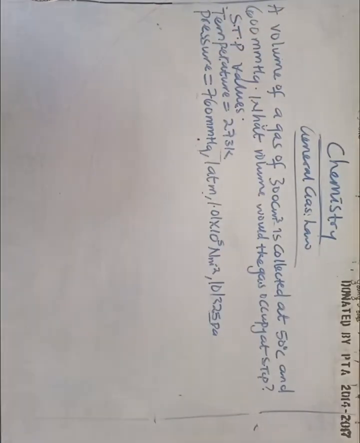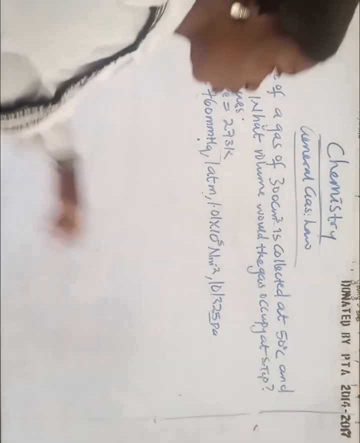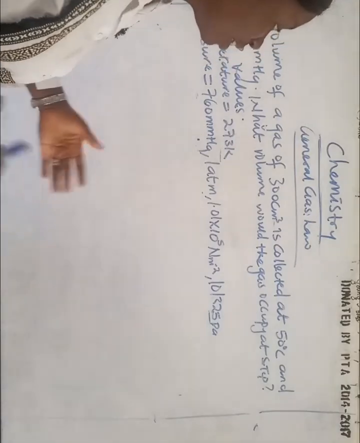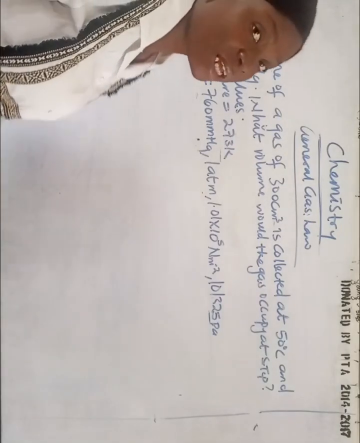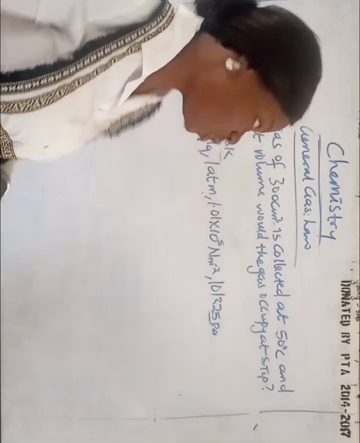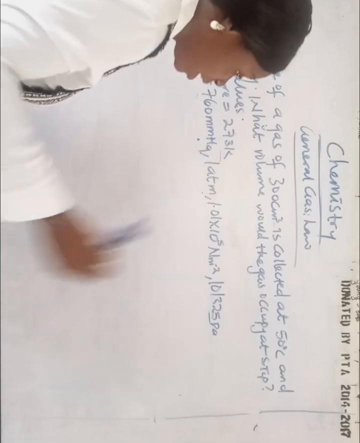Before we move to the combination of the formula, some questions will tell you at STP, that is standard temperature and pressure, and we have some values that are actually constant. This is what you are going to be using. For temperature, remember that temperature is in Kelvin.